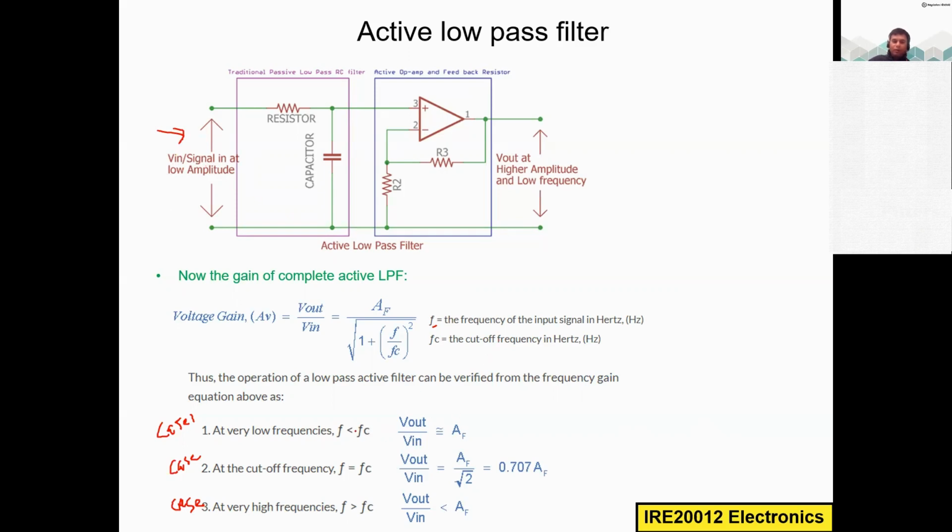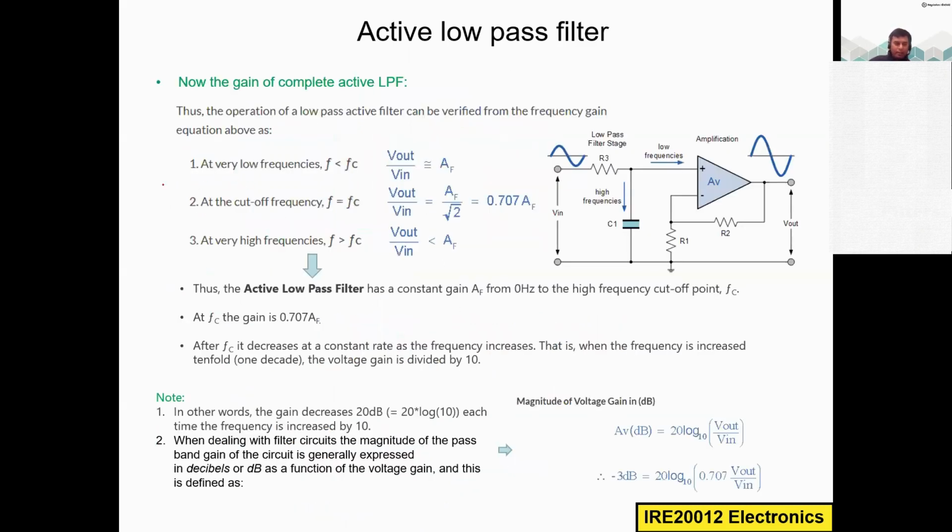When the frequency of the input signal is less than the cutoff frequency, then Vout divided by Vin is equal to AF. So this entire circuit will act as just a non-inverting amplifier. As you can see in the text, the first condition is f less than fc, and the active low pass filter has a constant gain of AF from 0 hertz to the high frequency cutoff point.